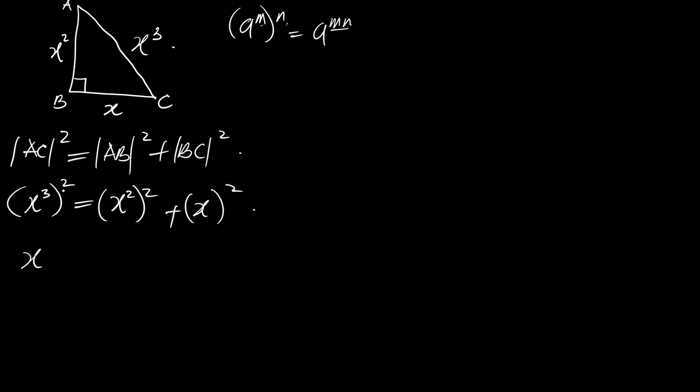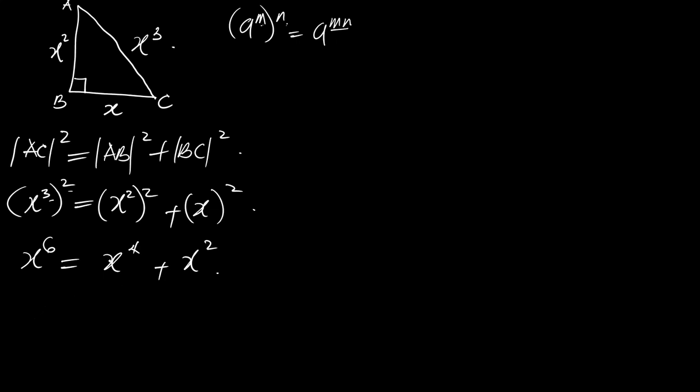Multiplying inside, you have x to the power 6, which is equal to x to the power 4 plus 2 times 1, x raised to power 2. So now we have this as the answer.